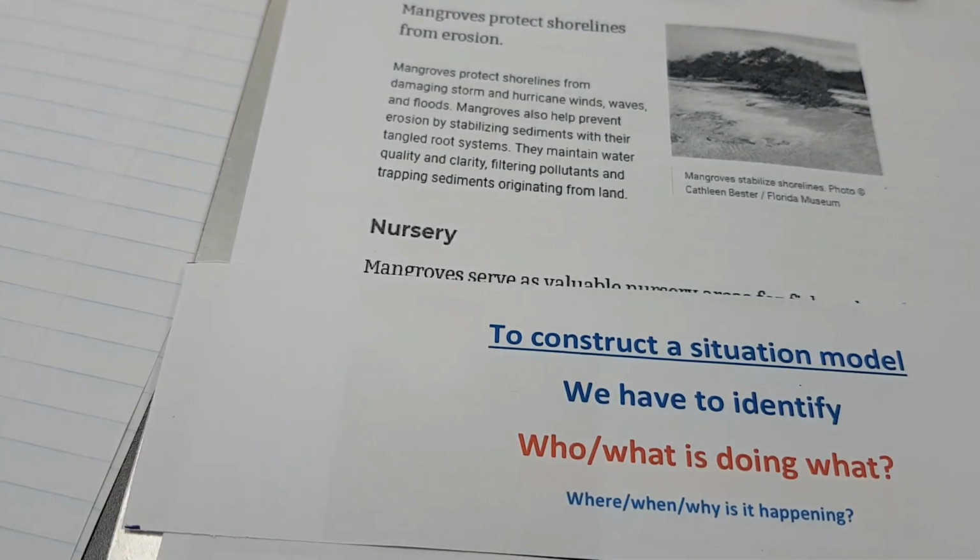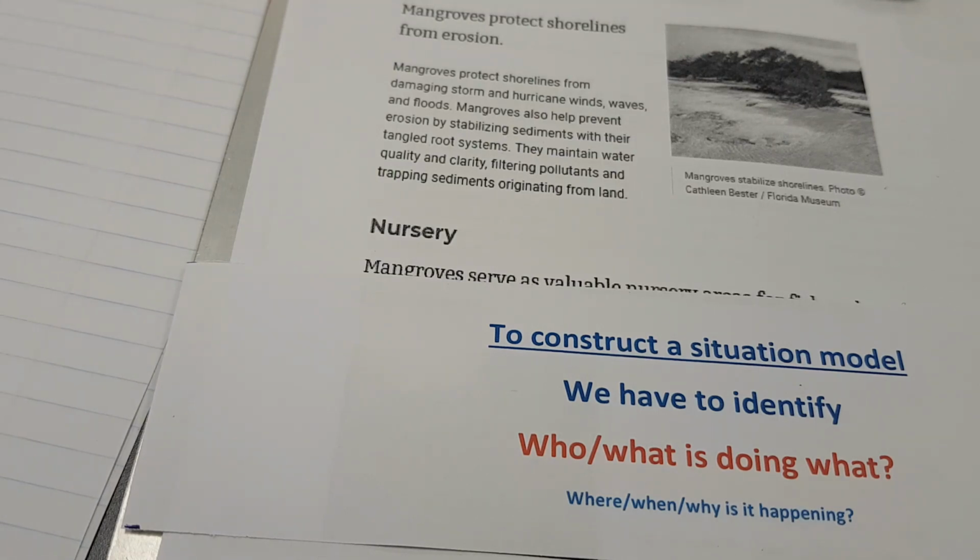In order to construct a situation model, the first thing we have to do is this. We have to identify who or what is doing what. The who or the what will be the subject. In some grammars, the who or the what is called the agent, the agent being the active thing or person that is performing an action. All right?